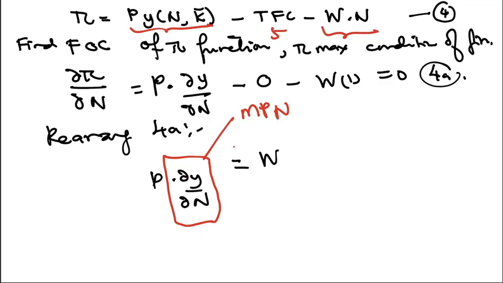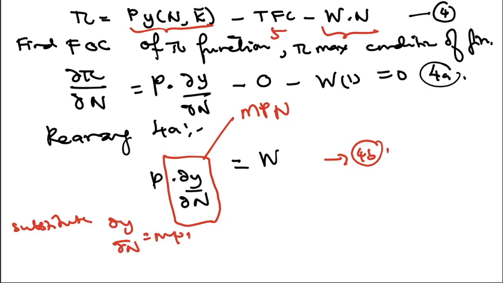Then I've substituted here. So this one I call it 4B. Okay, substitute delta Y over delta N equals to MPN into 4B. What do we get? Then we get P times MPN equals to capital W, sorry. So this is actually the nominal wage.